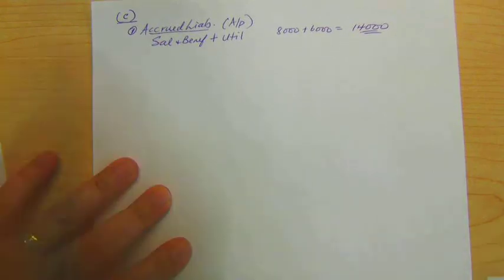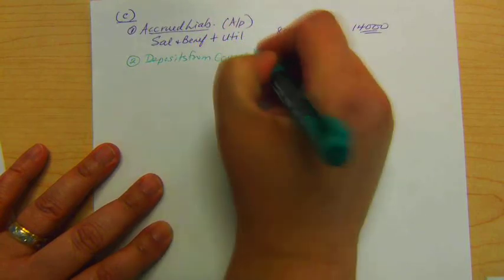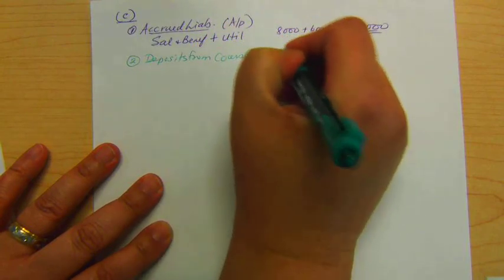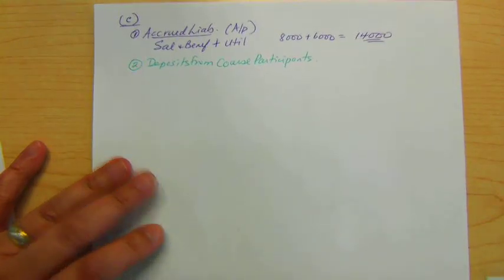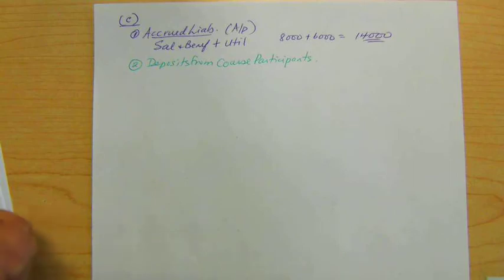Okay, now the second one they wanted us to do is deposits from course participants. Am I writing big enough, you guys? That's a way back.